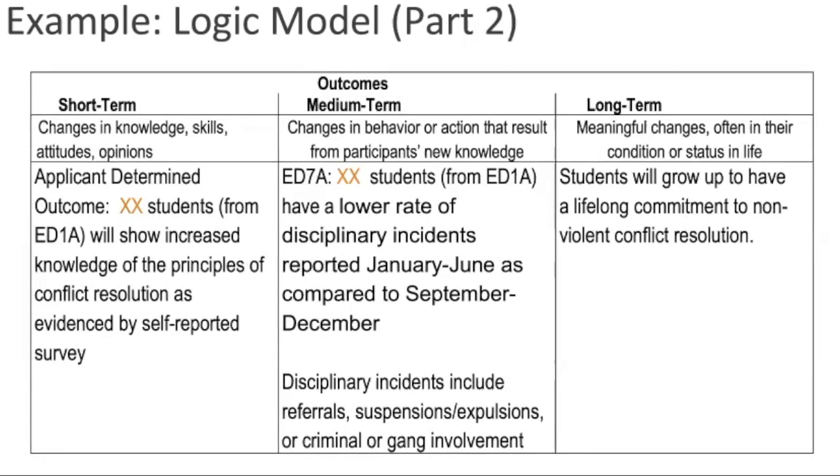And you can see again, they've identified national performance measures where applicable. They've put measurable targets, and they are measuring the outcomes connected on the same population that the outputs are related to.